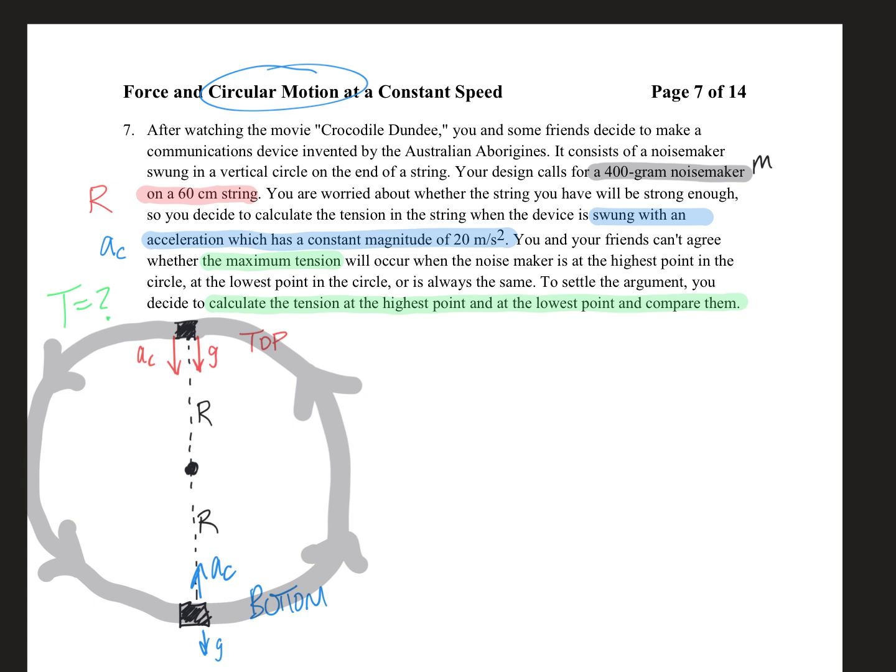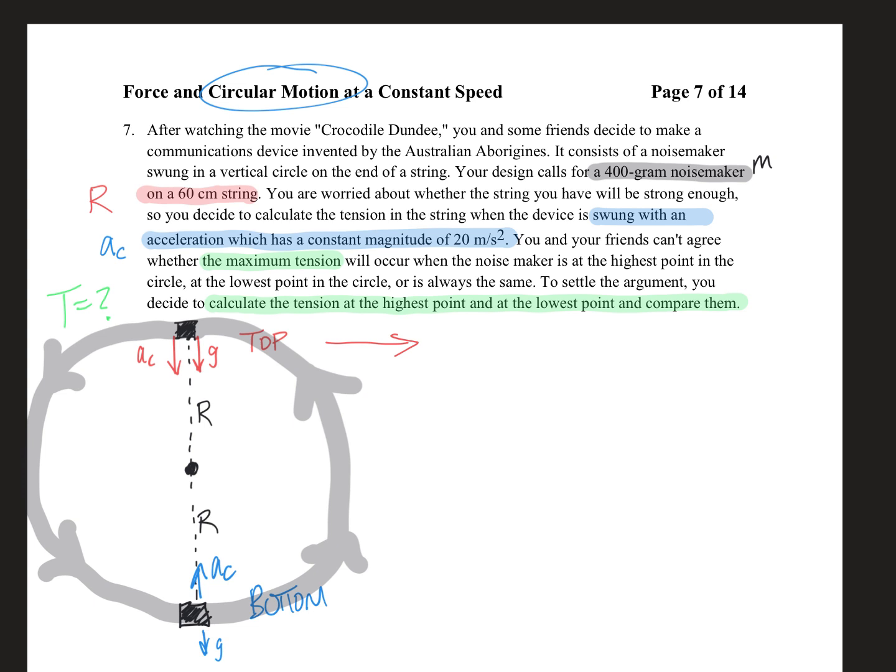So keep that in mind as we move forward. All right, so let's talk about the top. What's going on at the top in terms of forces? So at the top of this thing, there is a tension, and since things are center seeking on a circular path, we can define that direction to be the positive direction, okay?